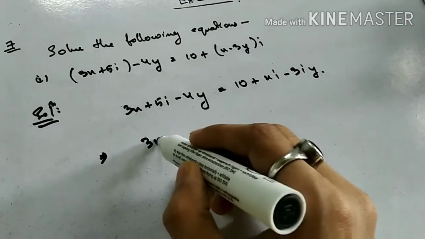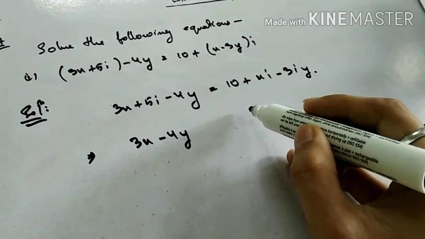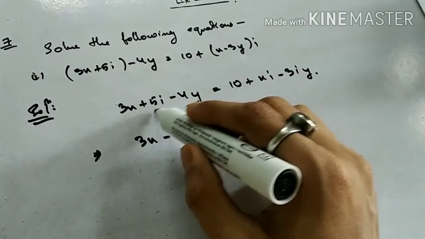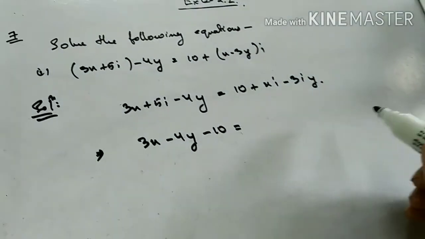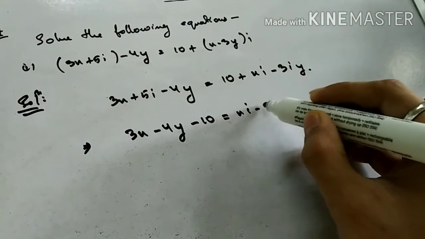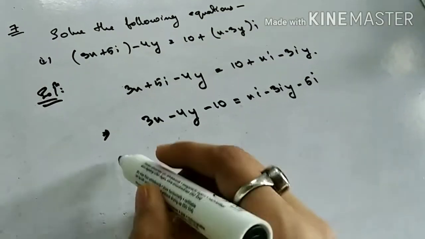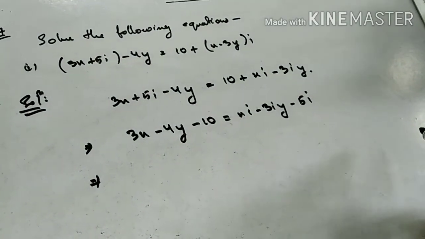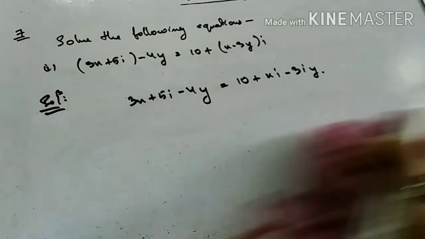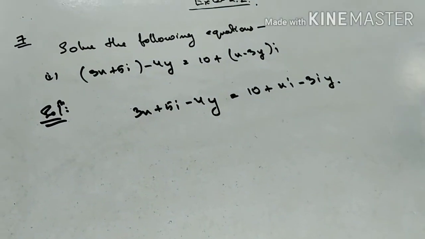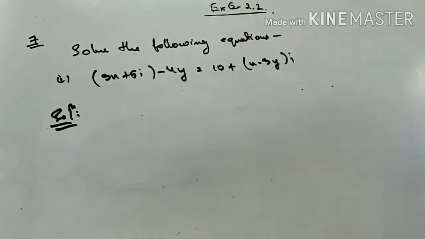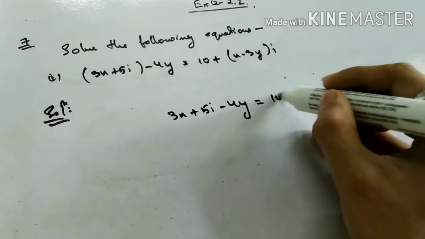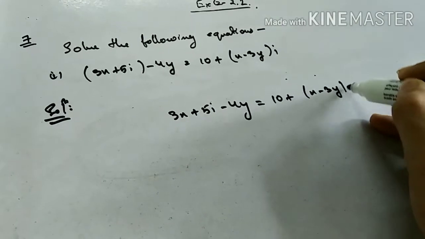Now you see, first of all, 3x plus 5i minus 4y is equal to 10 plus x minus 3y into i.